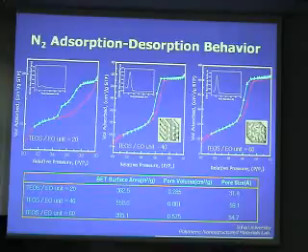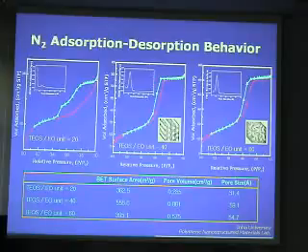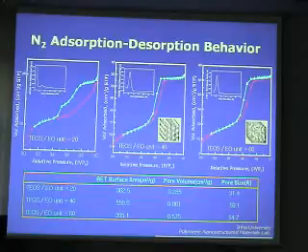destroyed during calcination. And when we increase the TEOS in the solution, we have a very nice surface area and this kind of isotherm, indicating that we have this kind of open channel columnar structure.